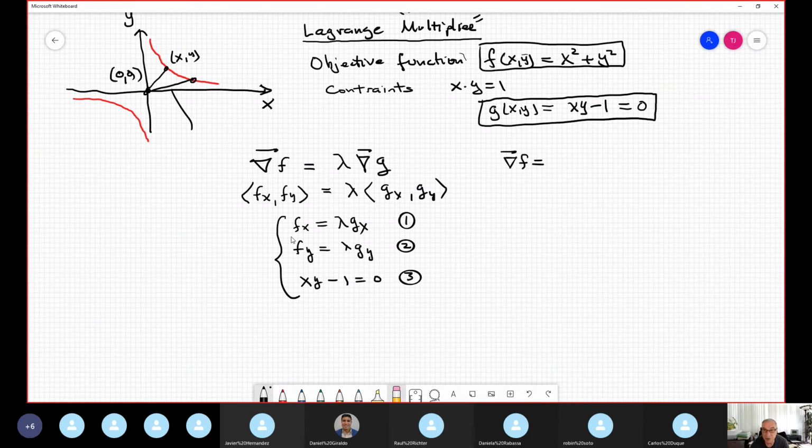Well, you know that the partial derivative with respect to x is 2x. And the partial derivative with respect to y is 2y. That's it. This is the gradient. Gradient of g.